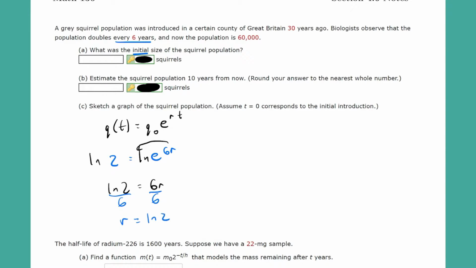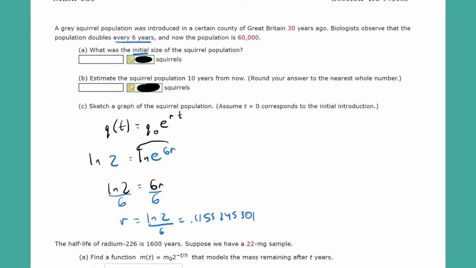So r is equal to the natural log of 2 divided by 6, which is approximately 0.1155245301.